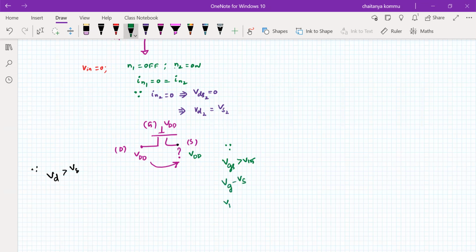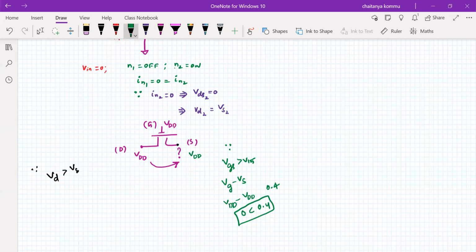VG is VDD, VS is also VDD. The threshold voltage is normally 0.4, non-zero. So the difference is 0, and 0 is less than 0.4. If VGS is less than VTH, is the transistor on? No, the transistor becomes off.